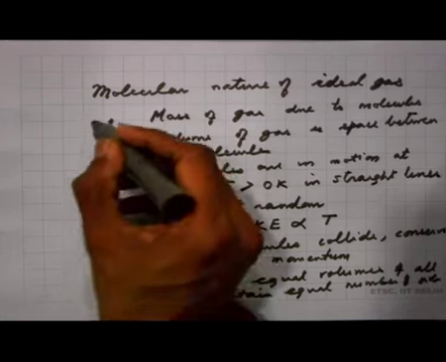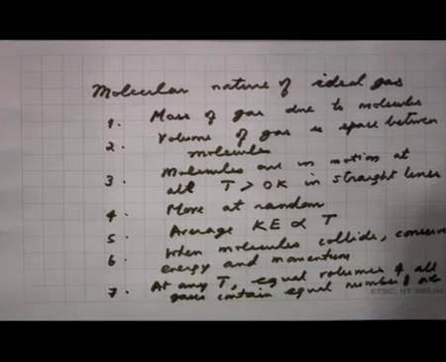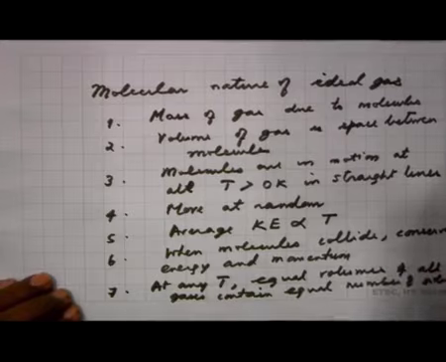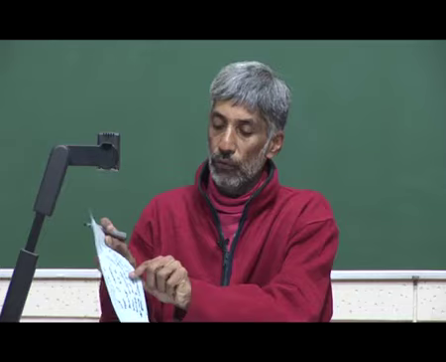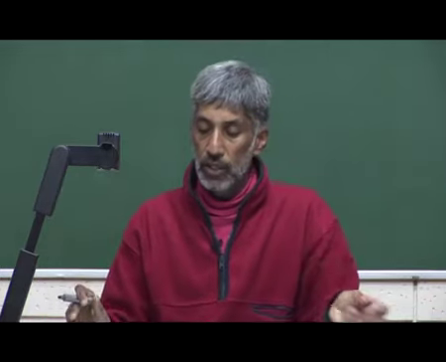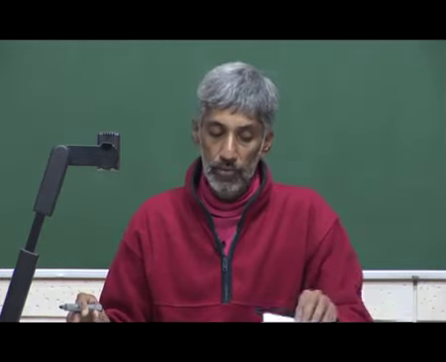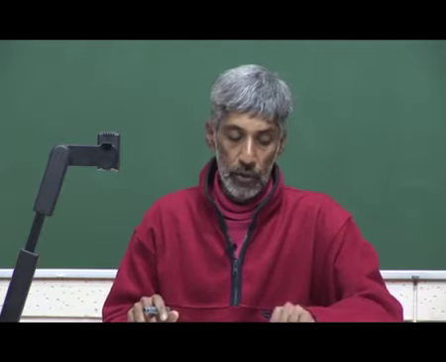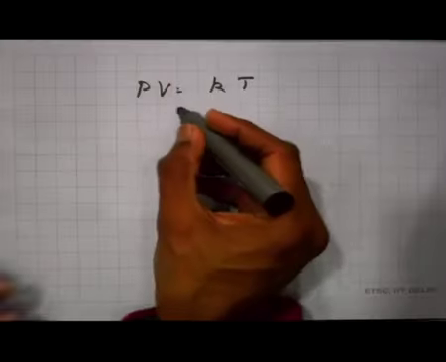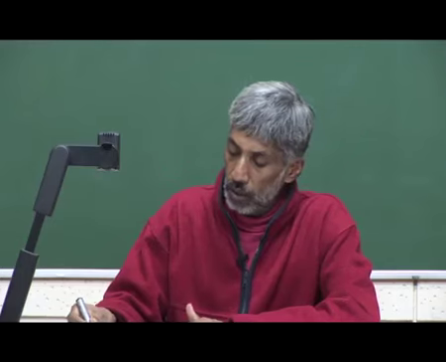Okay? So, these are the ingredients of the molecular nature of the ideal gas, but we still have not figured out what the value of K is. So, let us try and go back and figure out what the value of K is in this expression for PV equals KT. How does one go about this?